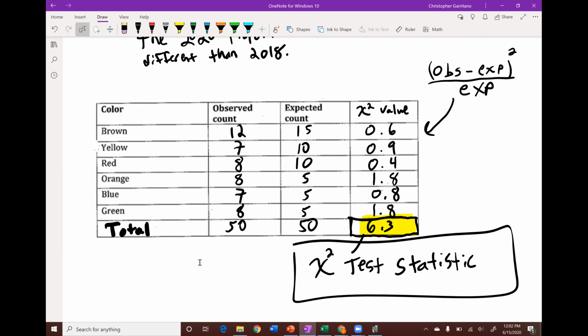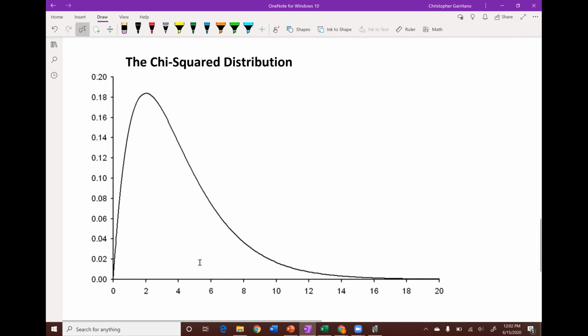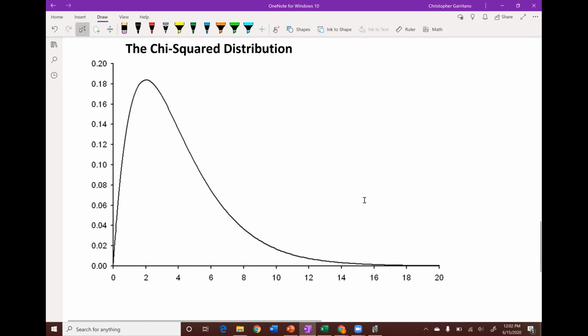And assuming H null is true, it should be no surprise that most of the chi-squared values should be lower numbers. And then as the chi-squared values increase, the distribution's area starts to decrease.